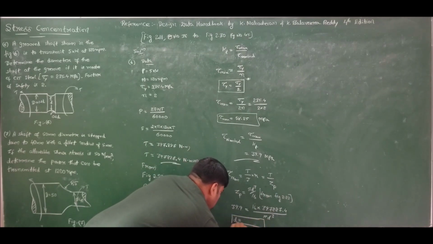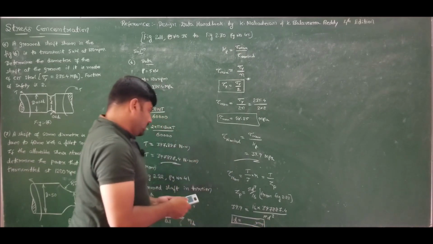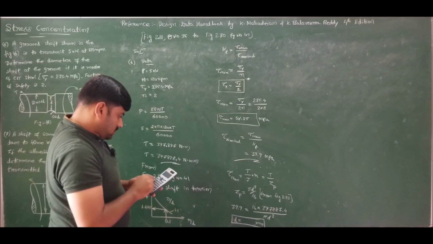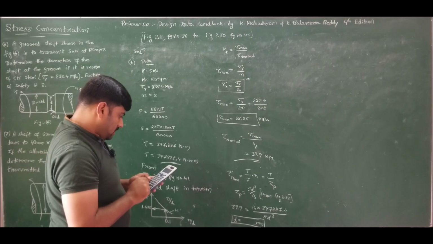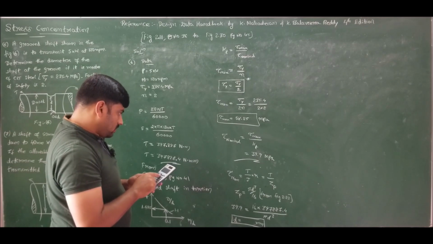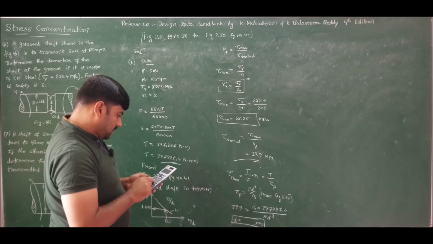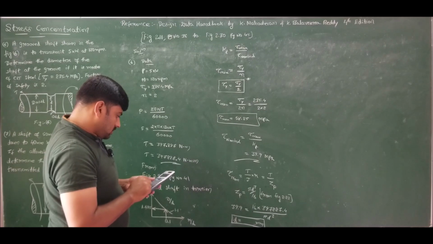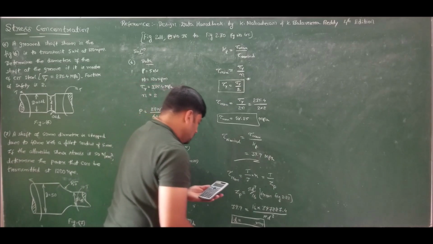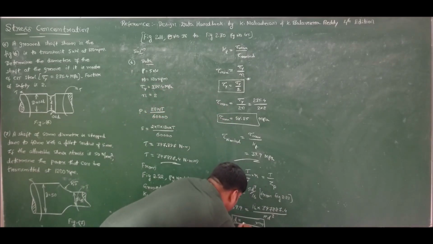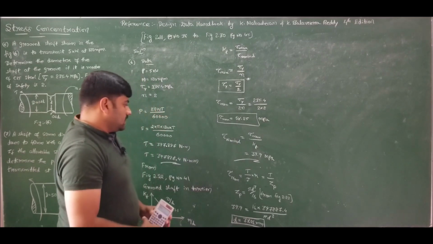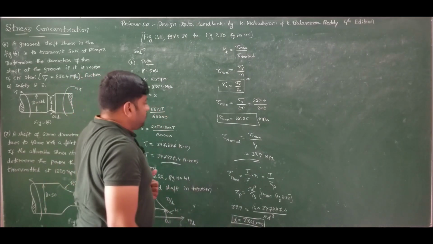Hence the answer d in millimeters will be 16 into torque, which is 397,887.4, divided by pi into 39.9, cube root of the answer, which is 37.03 mm. So this is the diameter of the shaft for problem number 6.